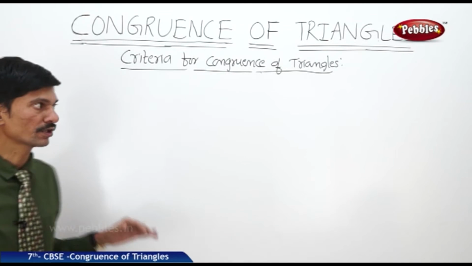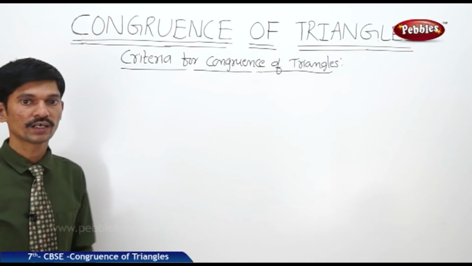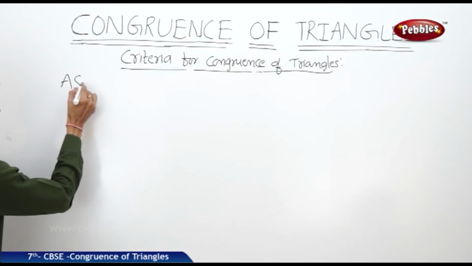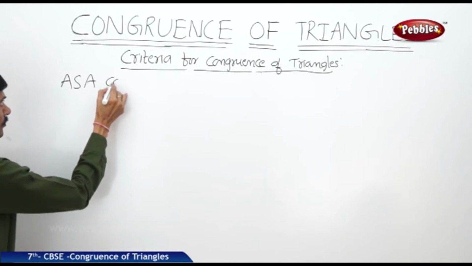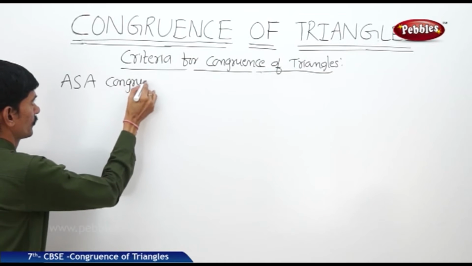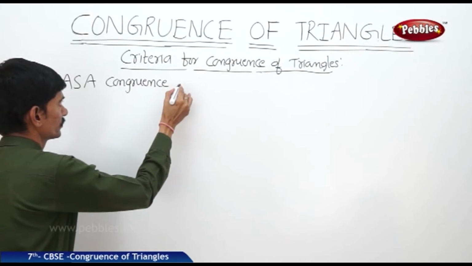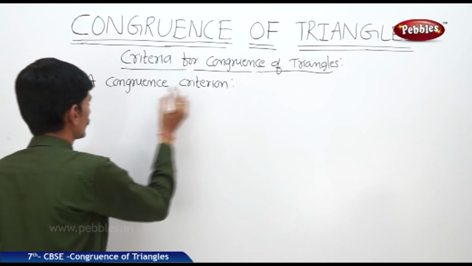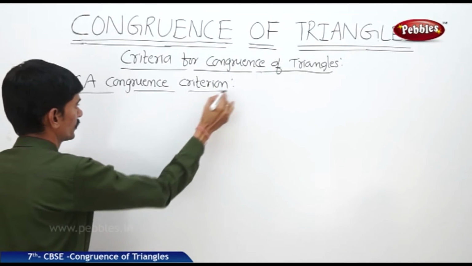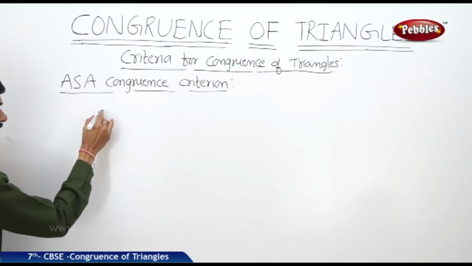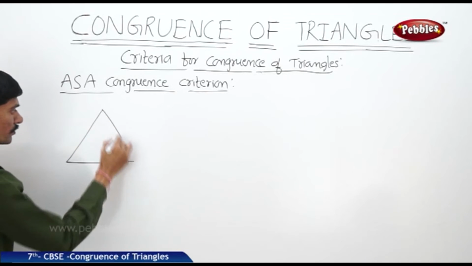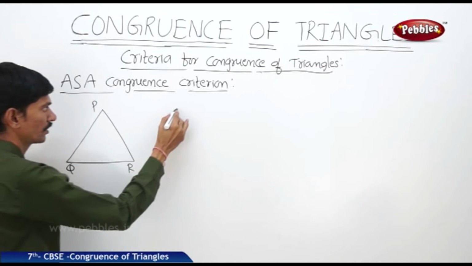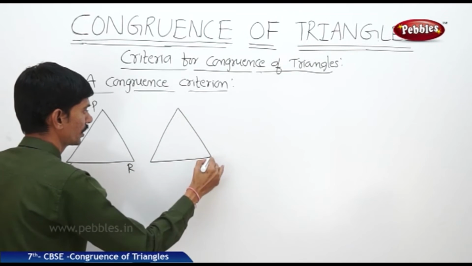Now let us see the next congruence criterion of triangles, that is the angle side angle congruence criterion. So ASA congruence criterion. Now consider two triangles PQR and triangle LMN.